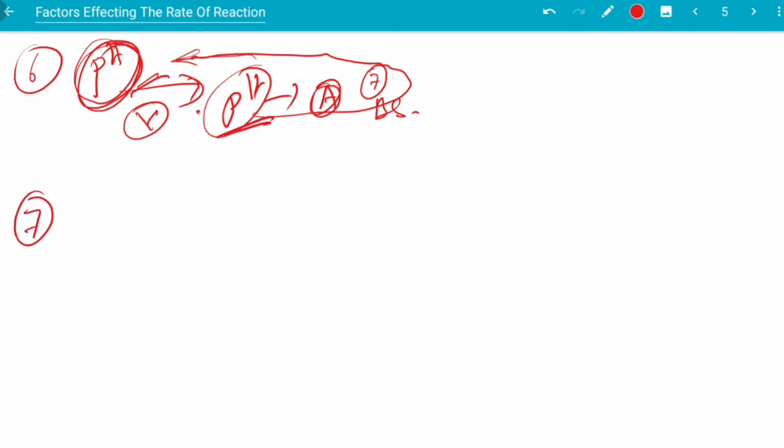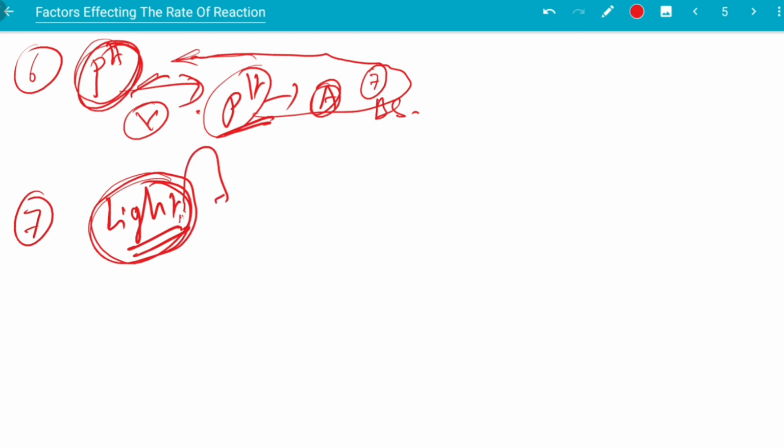And then the seventh one is presence of light or source of light. That is photochemical reaction. Here the source of light affects the rate of reaction, mainly in photochemical reactions.